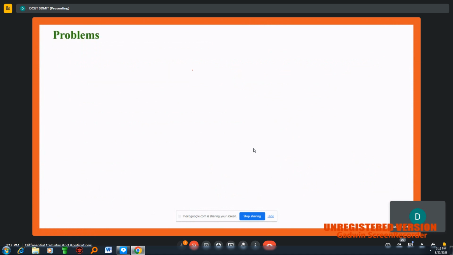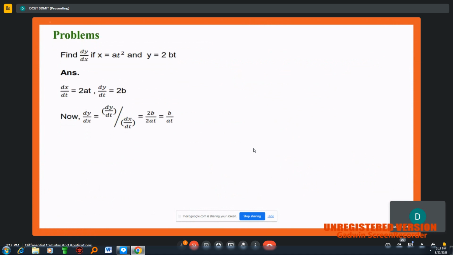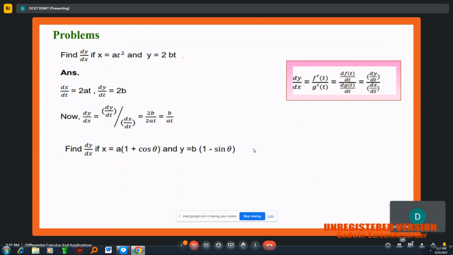See here, one problem I will take. Find dy by dx if x is equal to a t square and y is equal to 2bt. First, to find dy by dx: here, the functions x and y are defined with another variable, that is t.